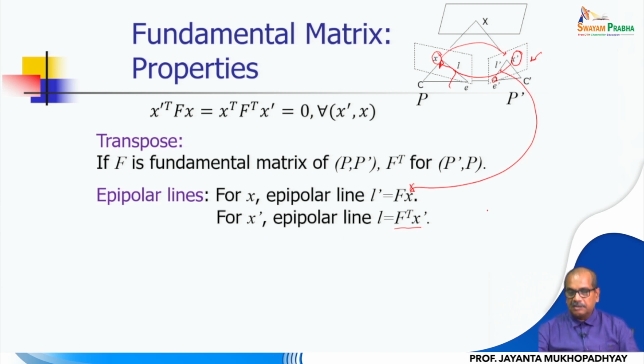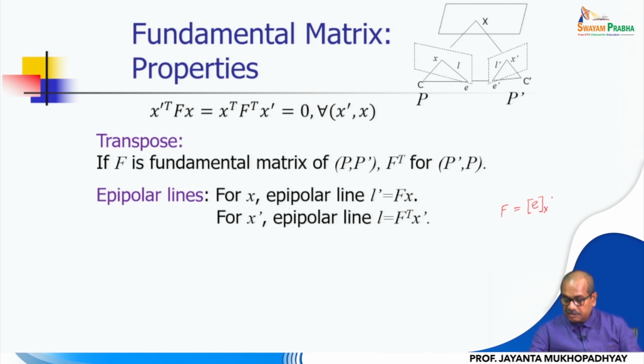You should also note that we have already expressed the fundamental matrix as a product of two matrices: F is E cross H, where H is a homography induced by a plane. That we discussed in the previous discussion, and both of them are 3 cross 3 matrices.